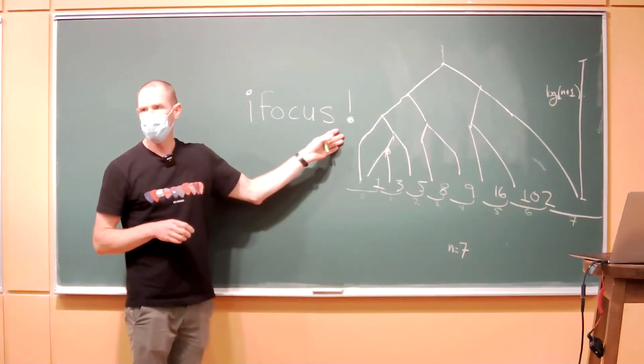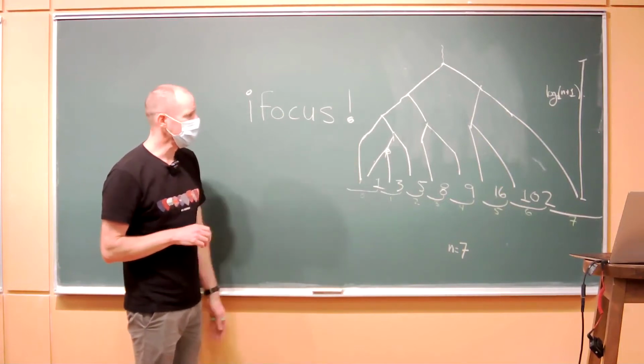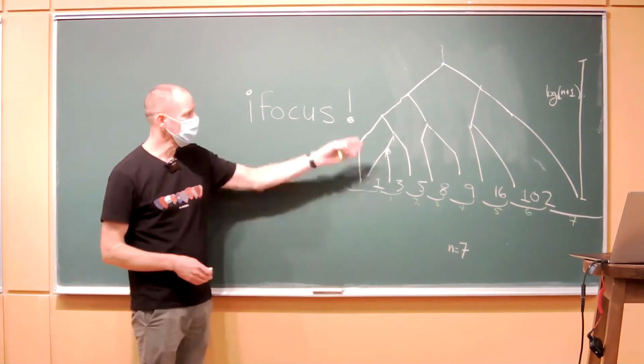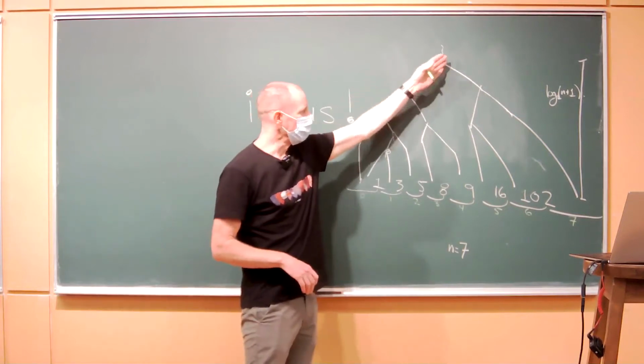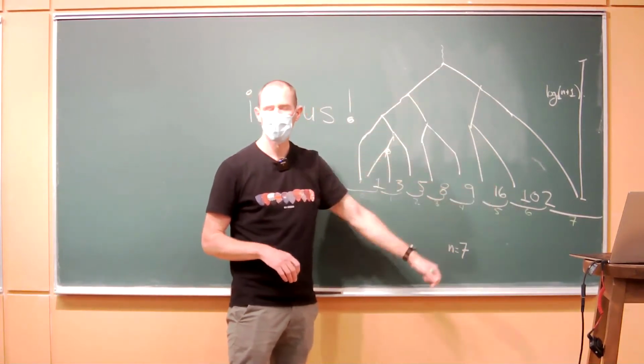And there's nothing we can do about that. If we're looking at these kinds of algorithms, if there's n possible outcomes or n plus 1 possible outcomes, some of those outcomes will require us to make log n plus 1 of these decisions at least.